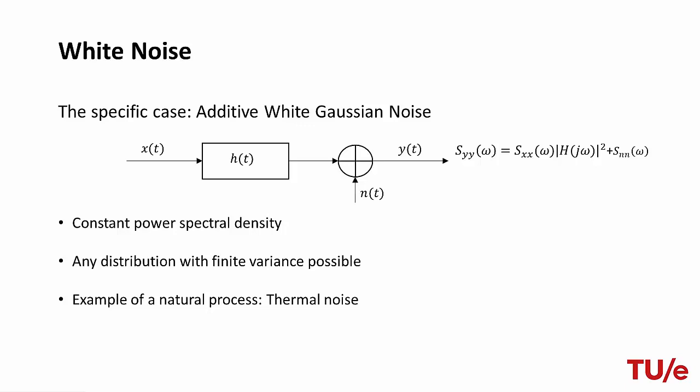White noise has constant power spectral density, while our specific case has Gaussian distribution. Actually, any distribution with finite variance is possible. The most common naturally occurring process is the thermal noise. When sampled, the white noise yields random variables for each sample which are independent and identically distributed.